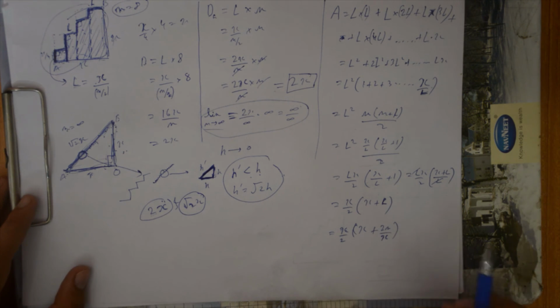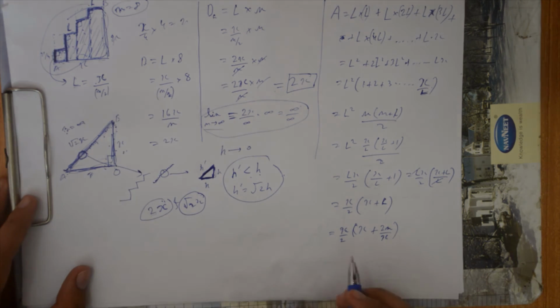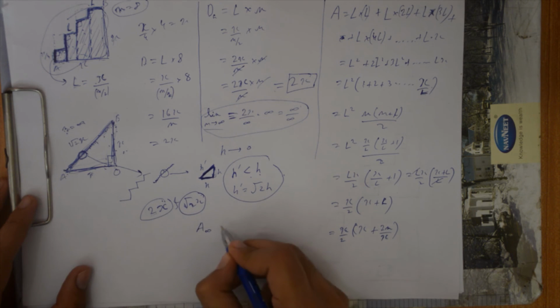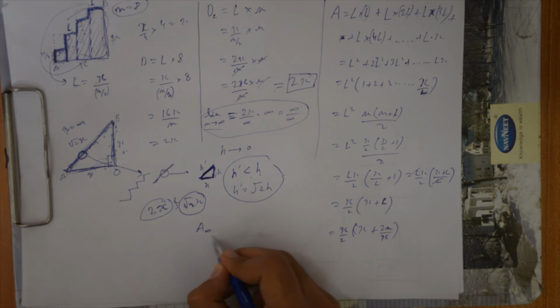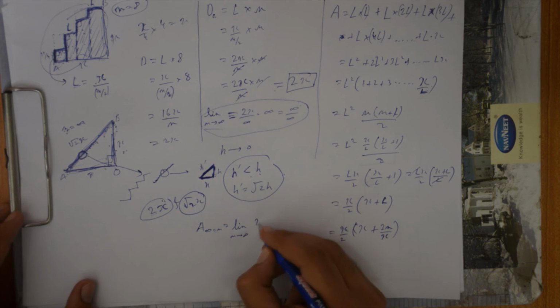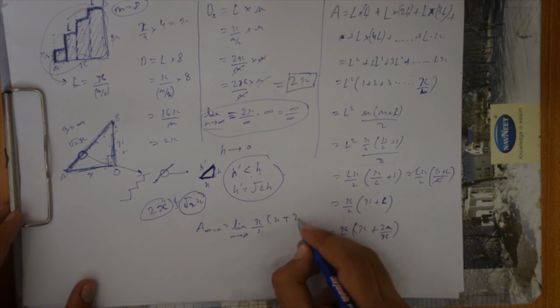So this is for any case, and let's now tend n to infinity. Let us put n equals infinity. We can write the area where n equals infinity as limit n tending to infinity of x by 2 into x plus 2 into n upon x.